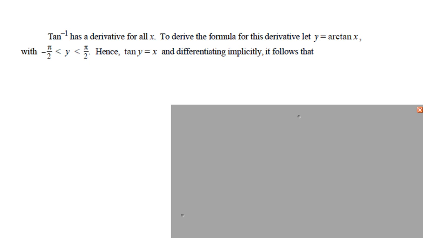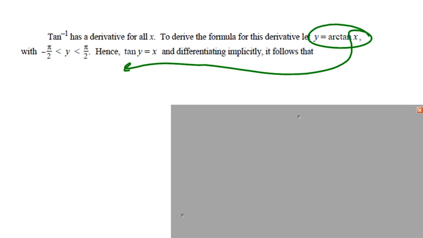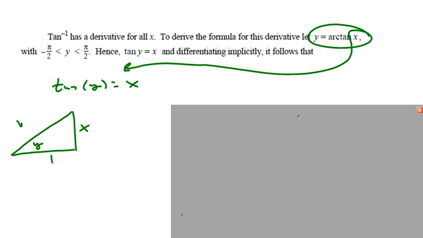So if we develop the derivative for arctan using the same kind of methods that we've been using, we say that tan of y equals x. So therefore, we can create our triangle where this is angle y, x over 1. So this must be square root of 1 plus x squared.